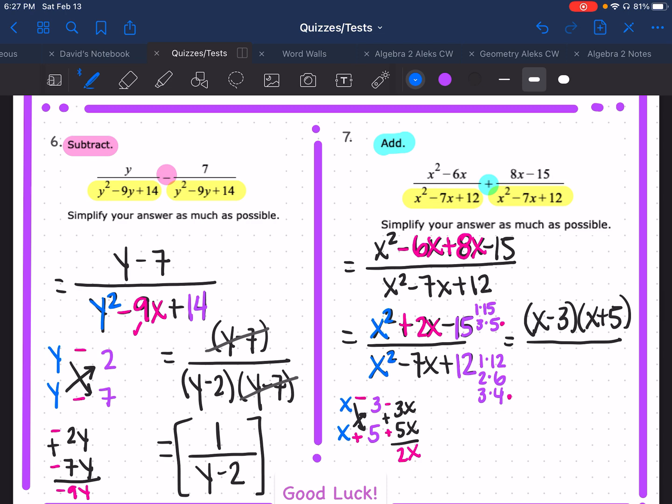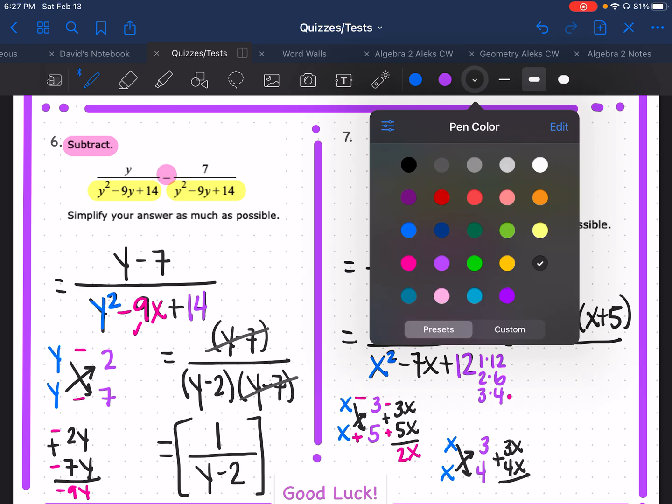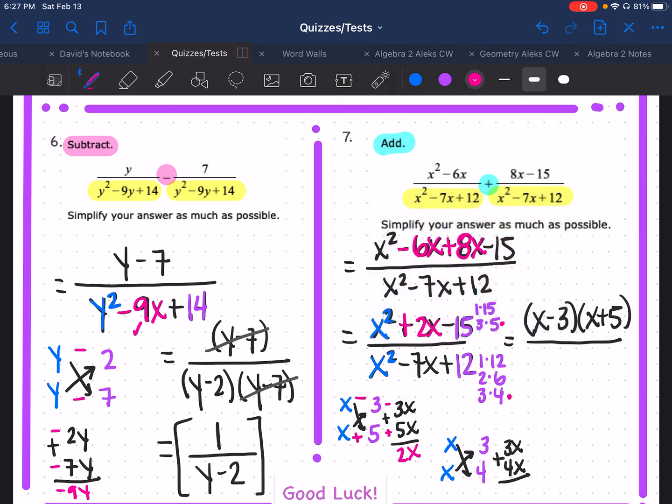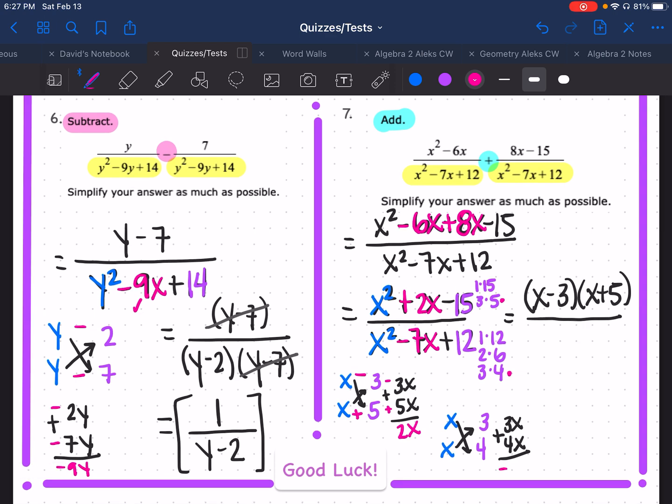All right, so my denominator is going to be x and x. And once again, we're trying 3 and 4 because if 3 and 4 don't work, we did this all for nothing. Oh, I hope it works, you guys. All right, we're going to add them together. Can we add them together and get negative 7x? Yeah, we can.